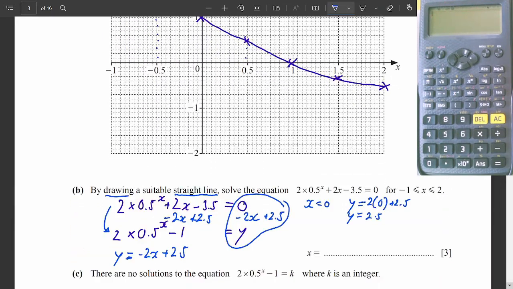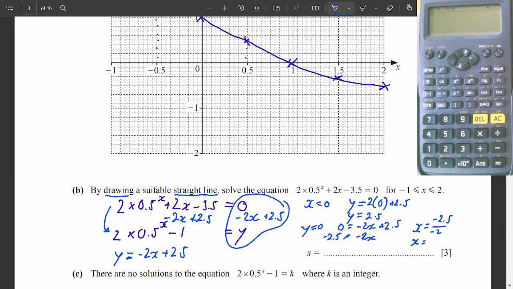Okay. To see where it crosses the x-axis, we make y 0. So that will give us 0 equals negative 2x plus 2.5. Let's solve that. Subtract 2.5 from both sides. So that gives us minus 2.5 equals minus 2x. So x equals negative 2.5 divided by negative 2.